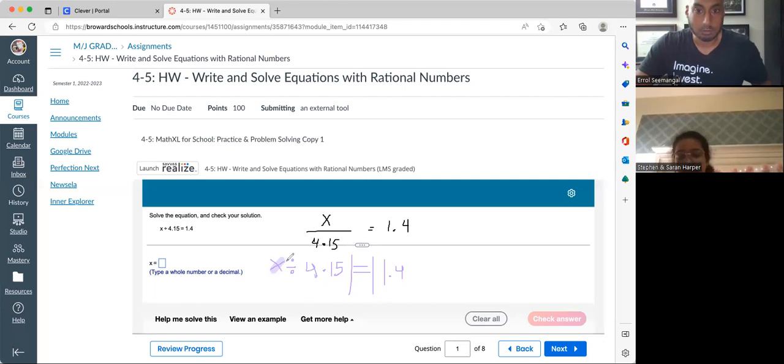And then you have to do the opposite of whatever that is, which is to multiply. So you have to cross that out and then do multiply, and then you have to do it on both sides. Good. You have to do 1.4 times 4.5, and that's where we use our calculator. Can I get my calculator?